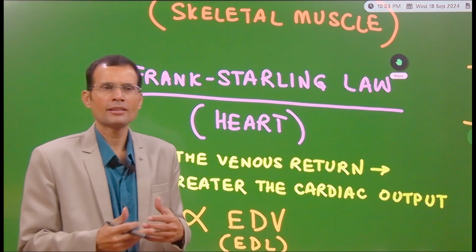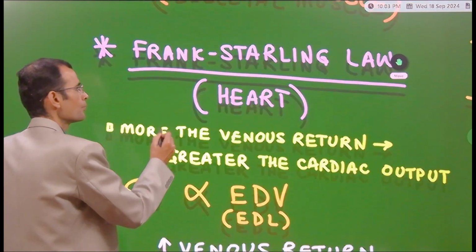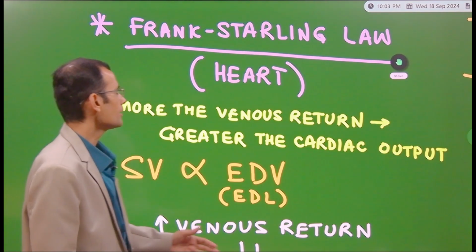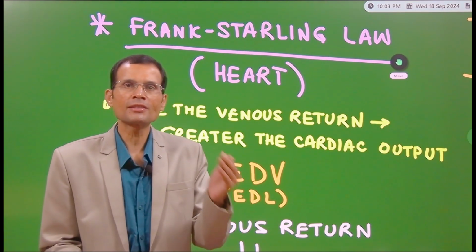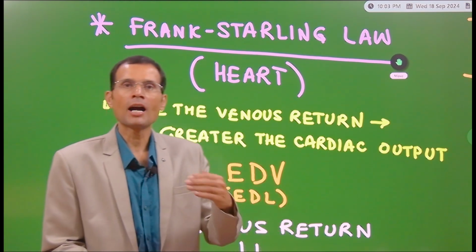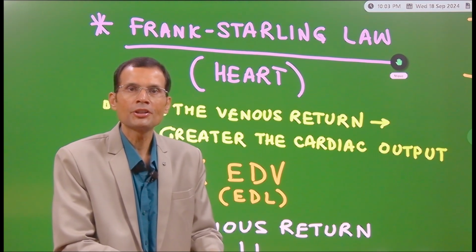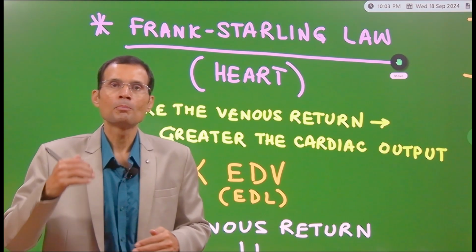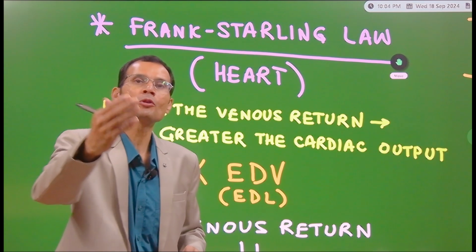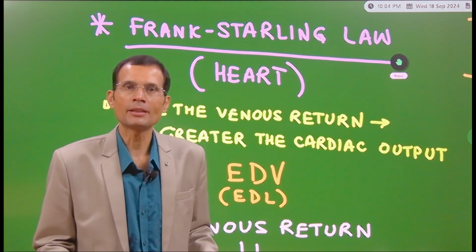It is in a way, as I said, extension of the Starling's law. Let's see how. Well, the law says that more the venous return to the heart, more will be the cardiac output given by the heart. More the blood returning to the heart, more will be the blood pumped out by the heart. But again, within physiological limits.